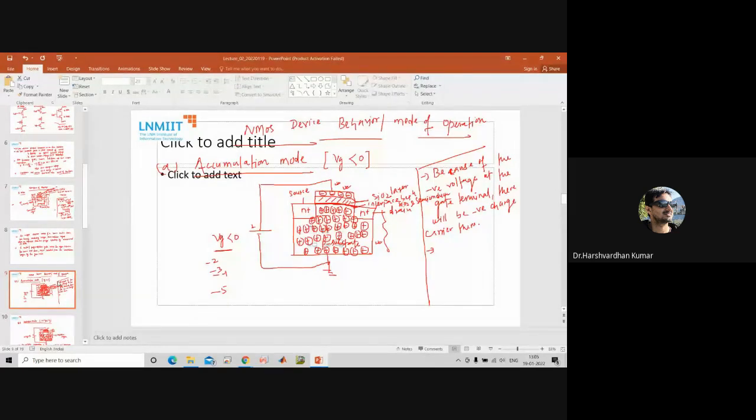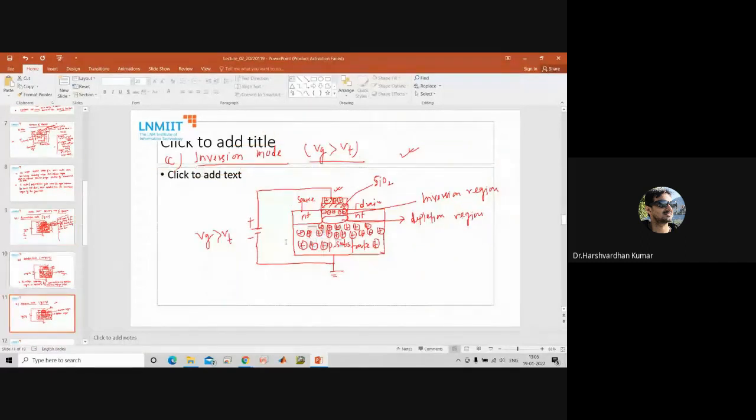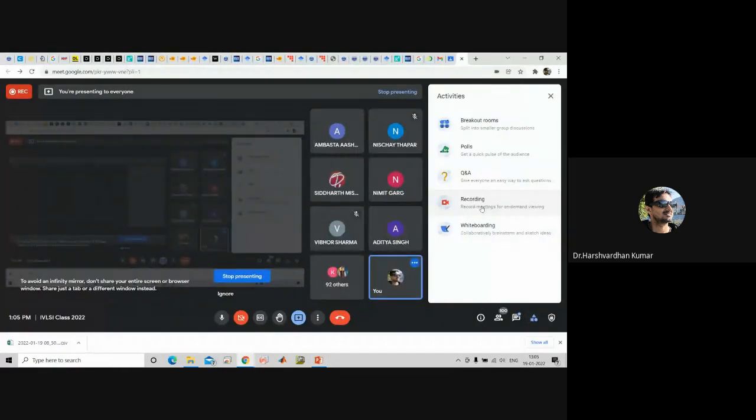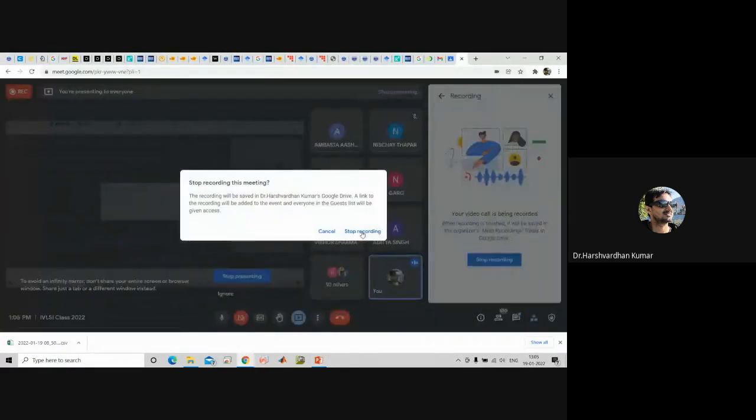What are the three modes? Accumulation mode for gate voltage less than 0, depletion mode when the gate voltage lies between 0 and threshold voltage, and inversion mode where the gate voltage is greater than threshold voltage. Any doubt in understanding the physics?